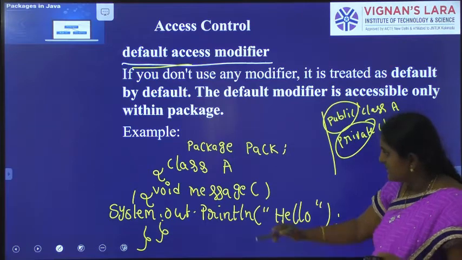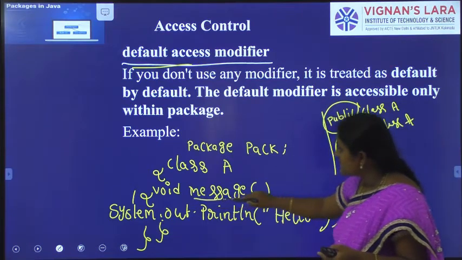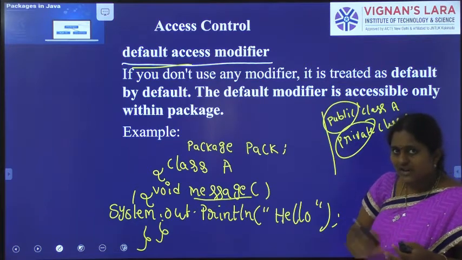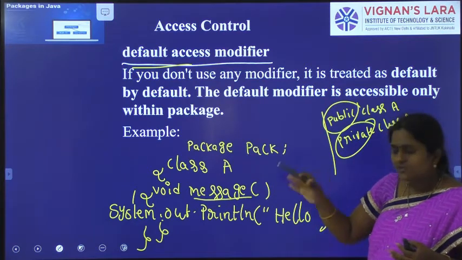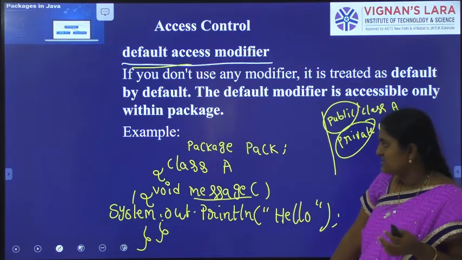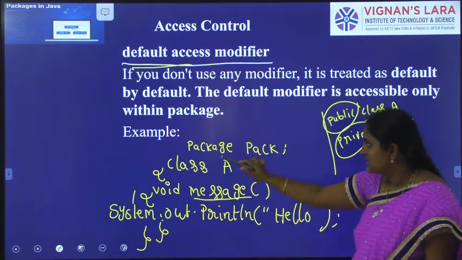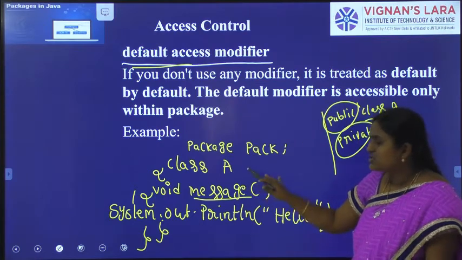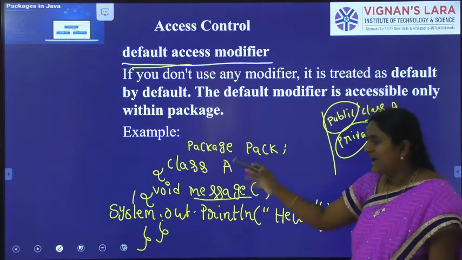In this message also, what is the scope? By default it is a default access specifier. In this program, the scope of class A is default and the scope of message is also default.